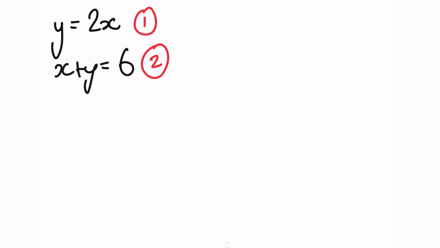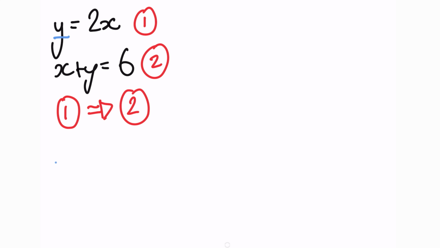Now, when doing substitution, we're going to try and isolate one pronumeral so that it's by itself with a coefficient of 1. Now, in this case, equation 1 is already set up like this, so it's nice and easy. The next thing we're going to do is substitute that equation into the other.